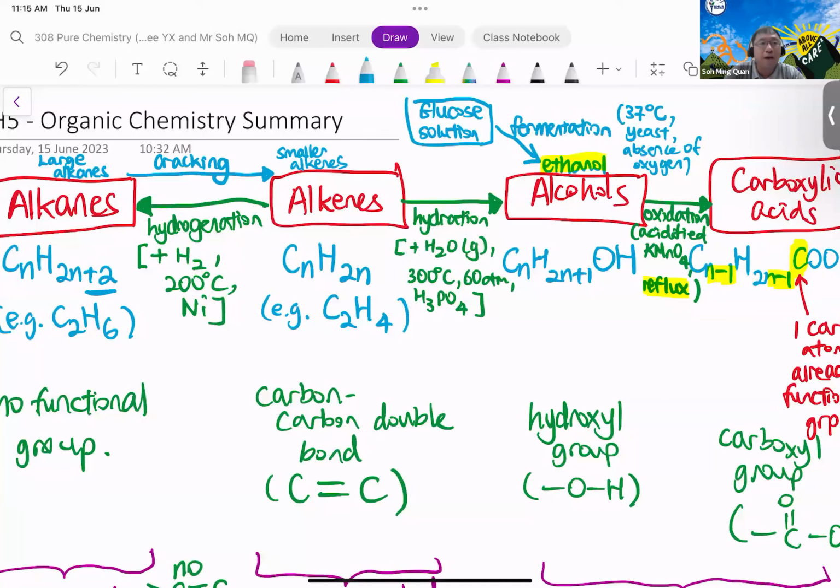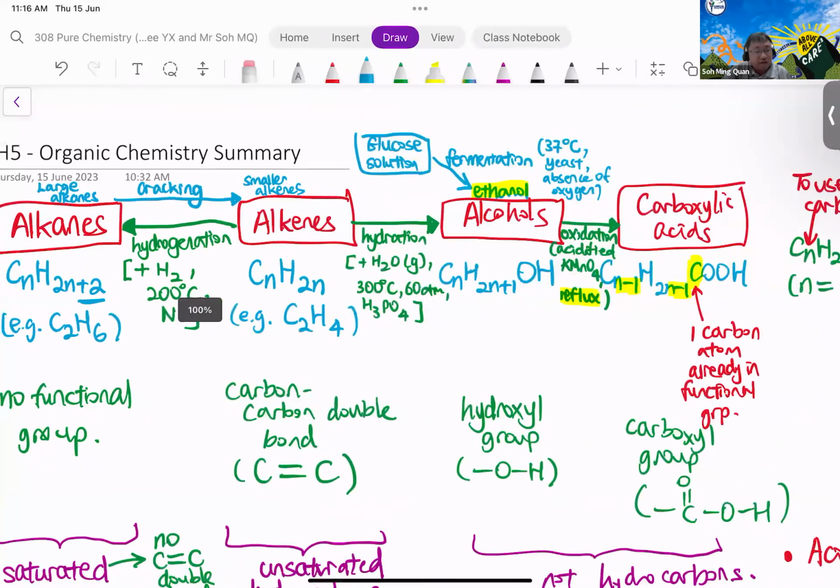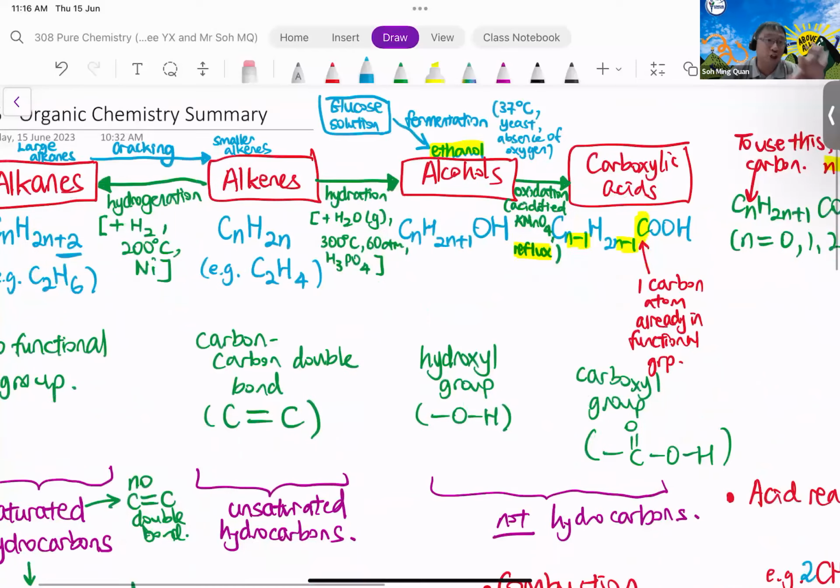So the main reason why we have used a different color to represent these reactions of cracking and fermentation is because if you notice in fermentation, you started with 6 carbon atoms in each glucose molecule. But it produced ethanol. Ethanol only has 2 carbon atoms per molecule.